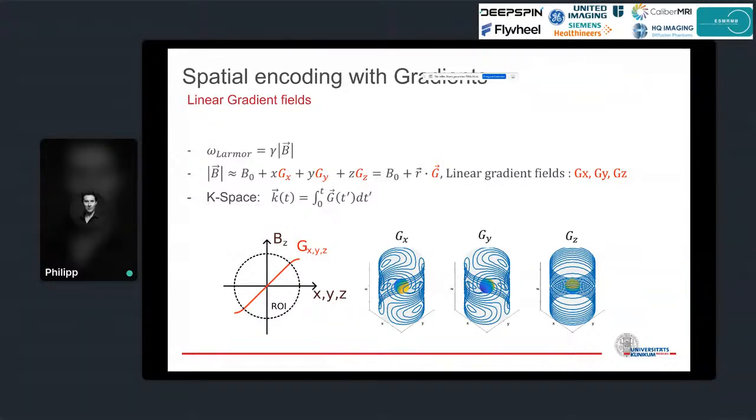Such a linear field is typically specified within a certain diameter, which is the region of interest. For example, a whole body scanner has a region of interest of like 20 or 30 centimeter DSV.